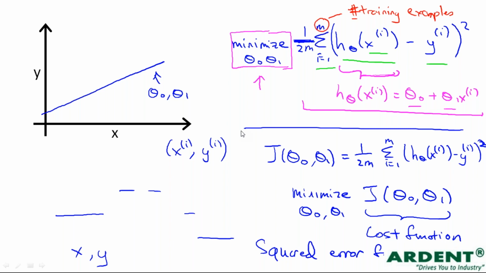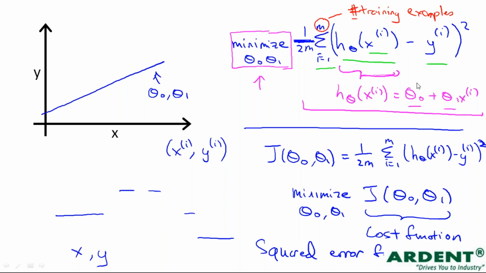So basically we are calculating error, and minimizing error because we have to predict to the nearest. This is 1 upon 2m summation from i equal to 1 till m of h theta x of i minus y of i.